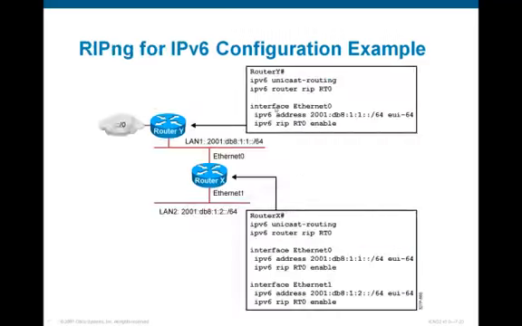So as a quick recap, to enable IPv6 addressing and routing on the Cisco router, we have to first enable the command ipv6 unicast-routing. This will enable the IPv6 services on the Cisco routers.